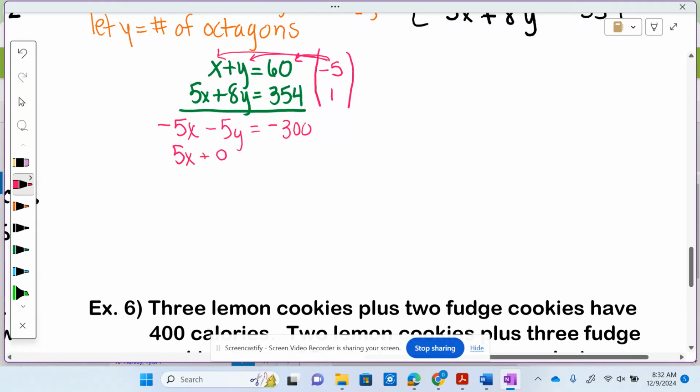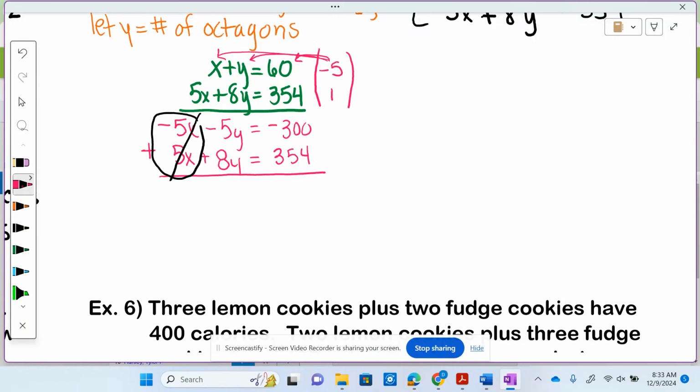We keep everything the same. So 5x plus 8y equals 354. So when I add these two equations together, what variable gets eliminated? Yeah, we eliminate the x's. What is -5y plus 8y? 3y. And what is -300 plus 354?